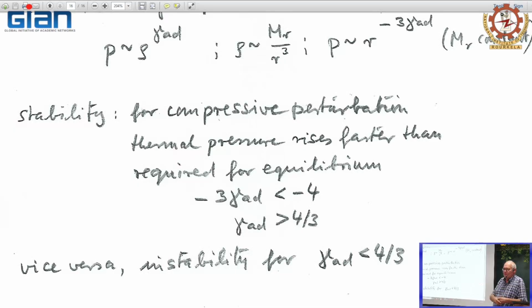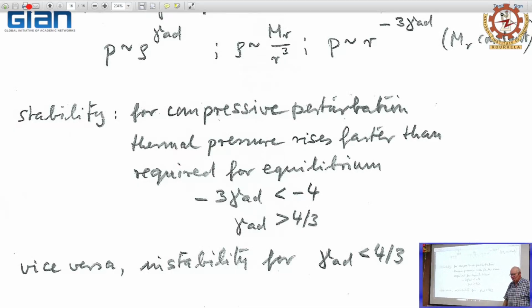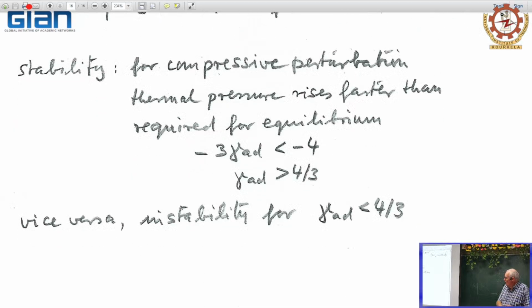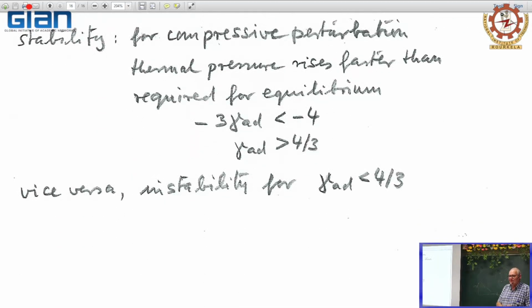This is a simple explanation why the critical value for gamma adiabatic should be 4/3. Okay, now we are finished with the radial linear adiabatic perturbation.